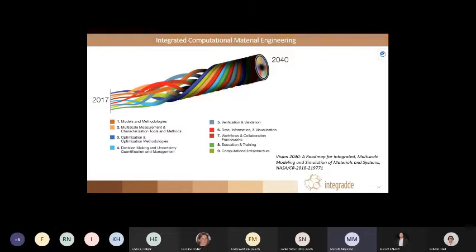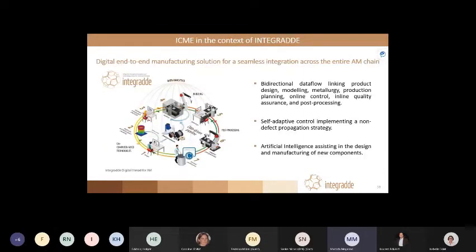The next slide. Integradde has, as a project, has moved in a very strong way to fulfill that vision. You see on the left-hand side a schematic view of the additive manufacturing system where you have a designer accessing information about feedstock, about simulations, about the robot and the machine, and about the inspection tools available to him to make a decision on his design. All this information needs to be exchanged in a bidirectional manner.